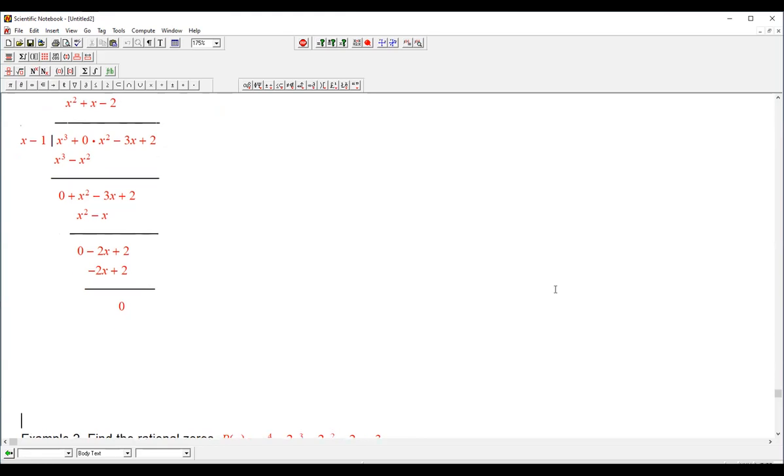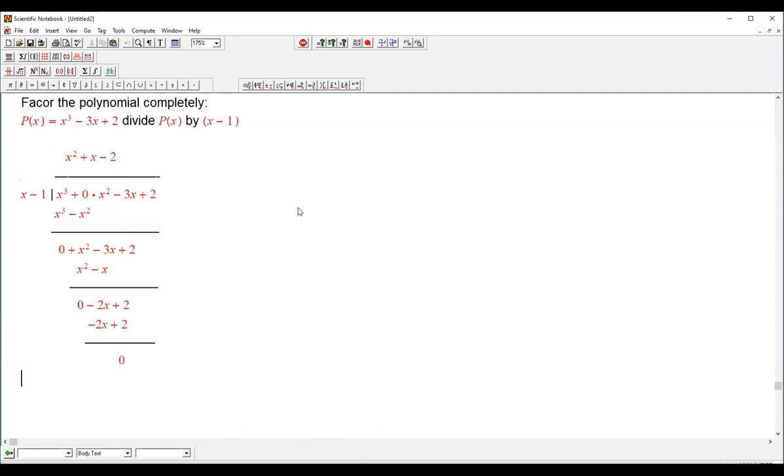Once it is done, we're going to make a composition. The function p of x divided by the divisor, which is x minus 1. Let me put one more thing in front of it so you get more familiar.